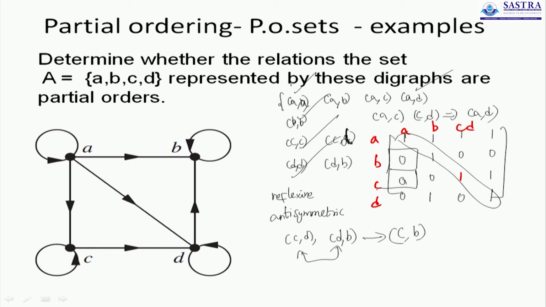There is no pair called C, B. Hence the given relation is not transitive. Therefore this is not a partial order.